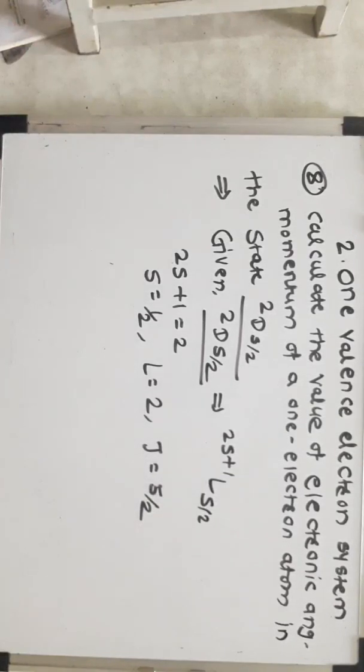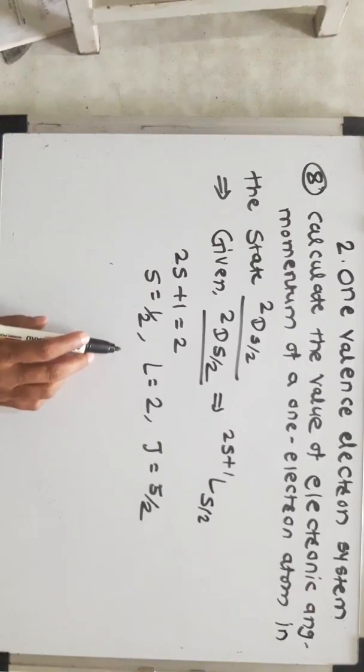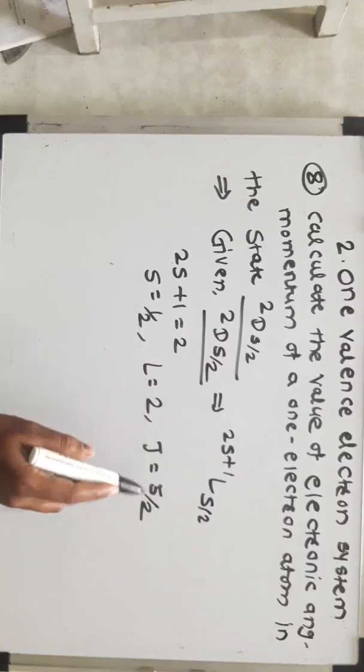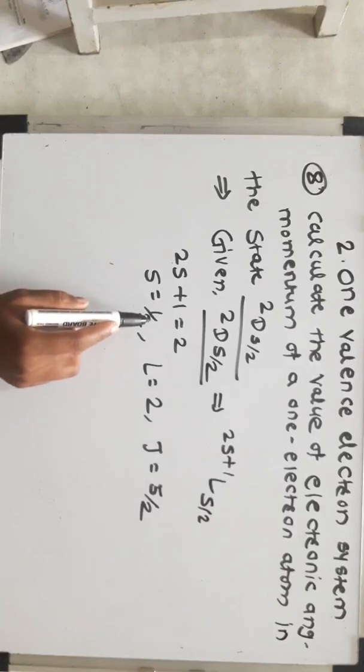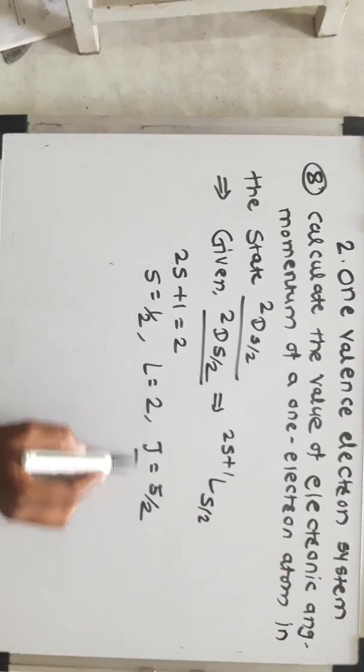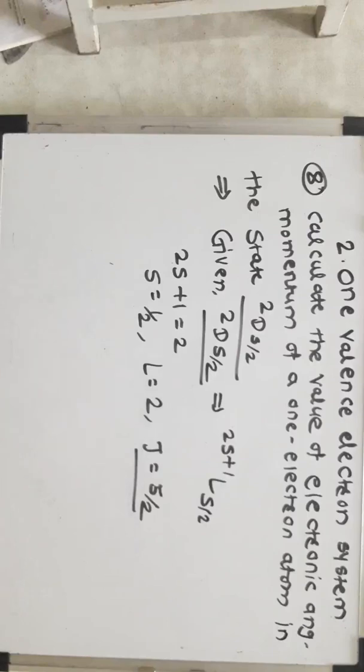Here there are two possible J values, L plus S or L minus S. L plus S, 2 plus 1/2, gives J as 5/2.